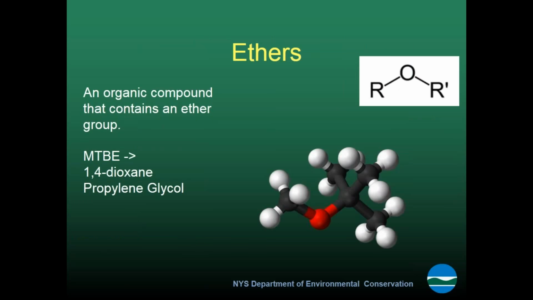There's also ethers. Some of the environmentally important ethers include MTBE or methyl tert-butyl ether. 1,4-dioxane is an ether as well, and the glycol, propylene glycol, is another thing you might run across.